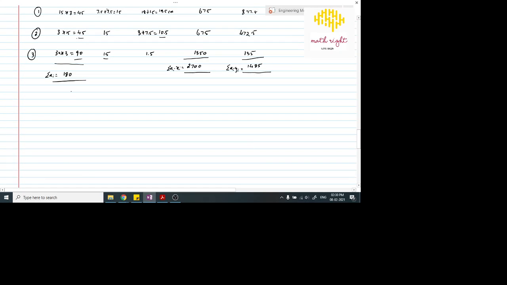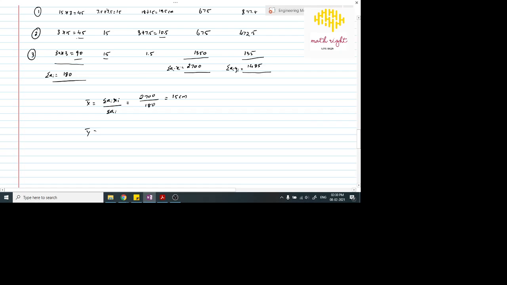So x bar is equal to summation of Ai xi divided by summation of Ai. Here the value is 2700 divided by 180, and the value of x here we can write as 15 centimeter.